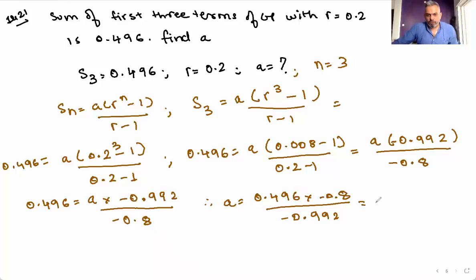So you get 0.4, ye bhi negative, so it will become positive. So 0.4. Therefore, A is equal to 0.4.